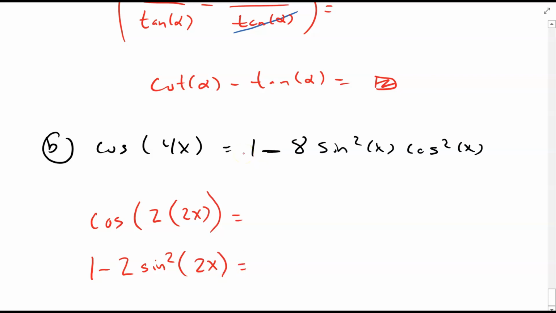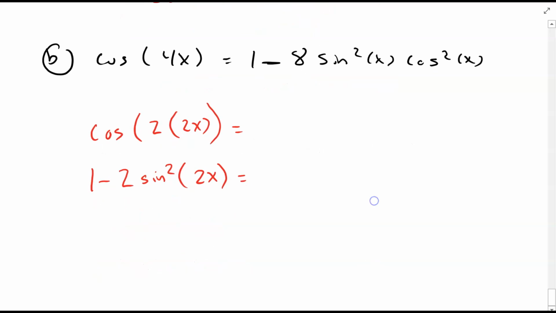Now notice here that when I apply this identity, I don't get 1 minus 2 sine squared x. I get 1 minus 2 sine squared 2x. Why is the 2x there? Because that was the u basically in our double angle, right? Does everybody see that? Okay, what do you want to do now?